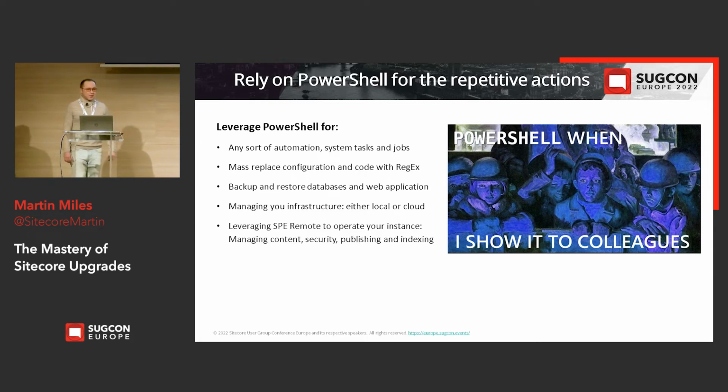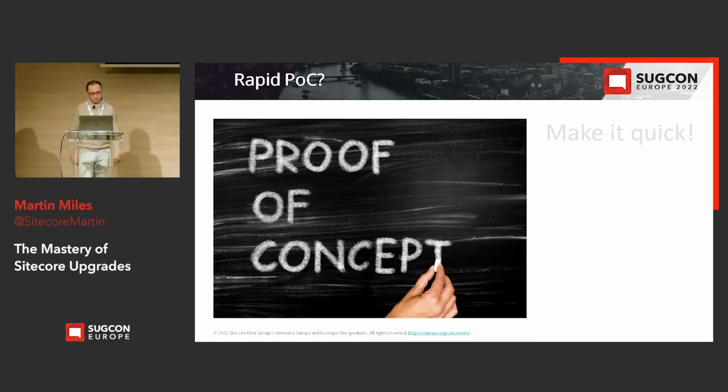If you are lucky to have Sitecore PowerShell Extension with remoting, that gives you the ultimate control over your instance. So you can manage content, apply any security changes, publish, and reindex. Whatever you can do by UI, you can do with Sitecore PowerShell Extension from the outside PowerShell console.